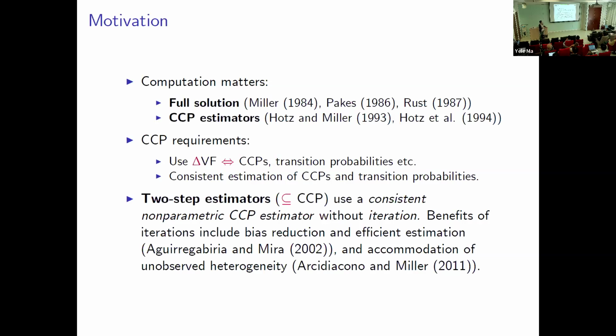And so I call the alternative approach to full solution CCP. This is something that I don't normally call an estimation method, but I'm taking this from Bob's paper with Arcidiacono and Miller, where they describe the CCP estimator as one in which you exploit the relation between the difference in value function in terms of the CCPs or the policy function and the transition probabilities.